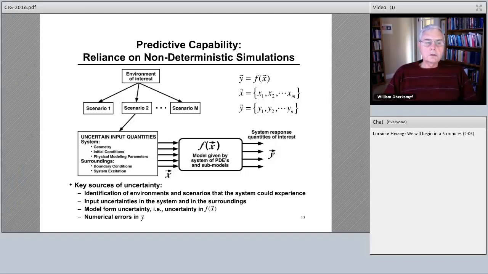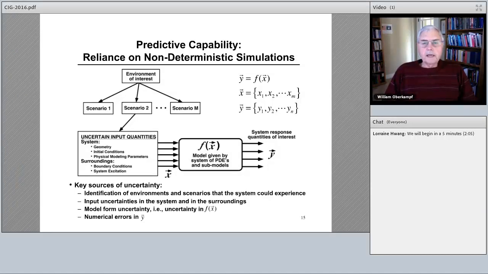And then you could also have the other category of input data, surroundings. That is the influence outside of your system. They are boundary conditions, that's the way they show themselves, or they can show themselves by way of system excitation. For example, in an earthquake environment, that's an excitation, let's say, of either a dam or a nuclear power plant, whatever it is.